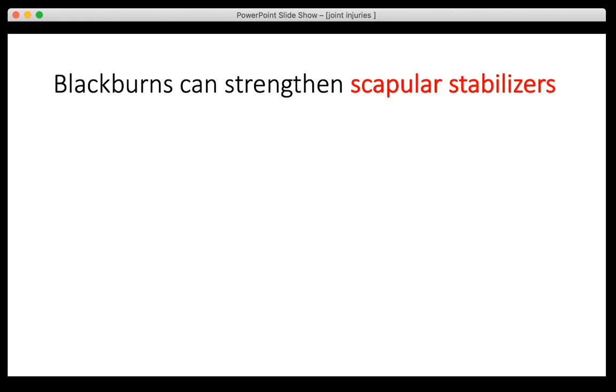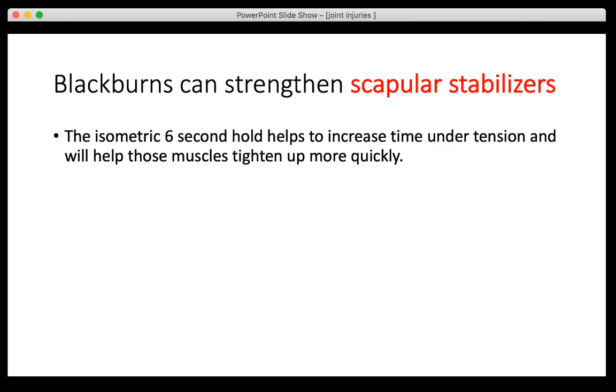Now there is a particular kind of workout known as Blackburn's workout. It is a name given to this kind of workout, and it can help you to strengthen your scapular stabilizers in a very easy way, without any gym machine.